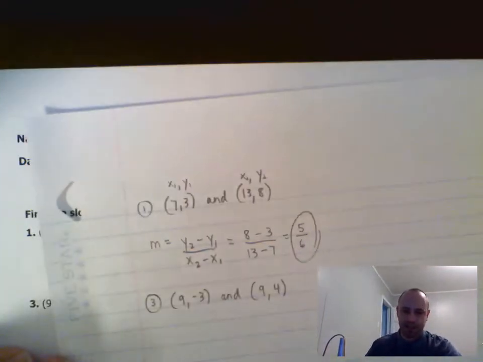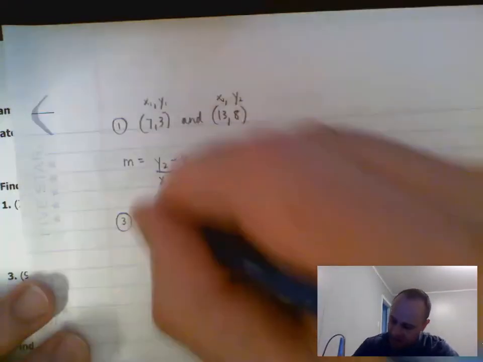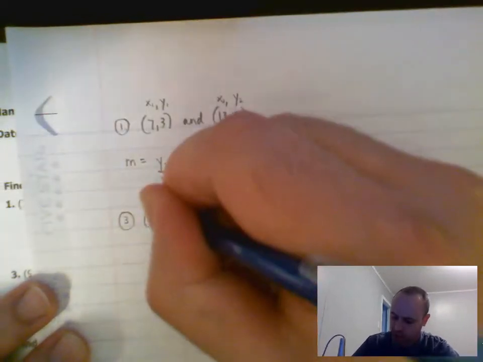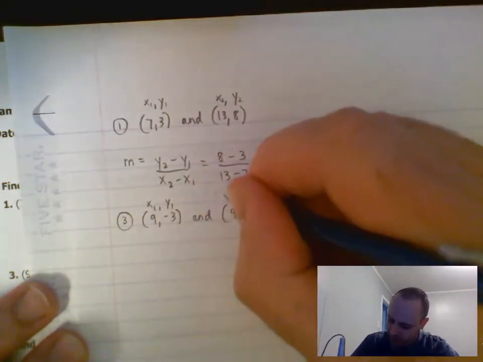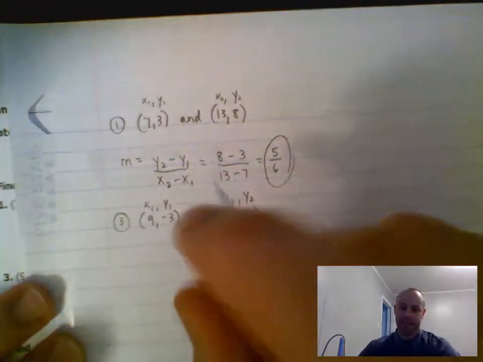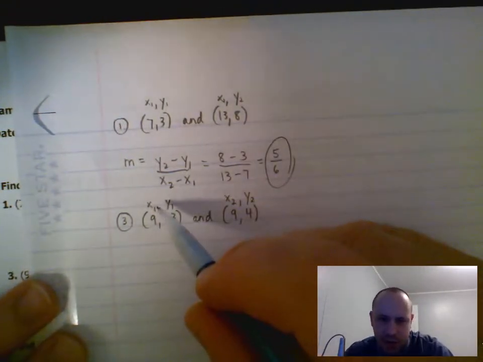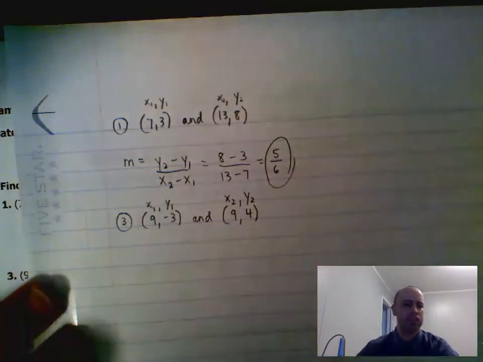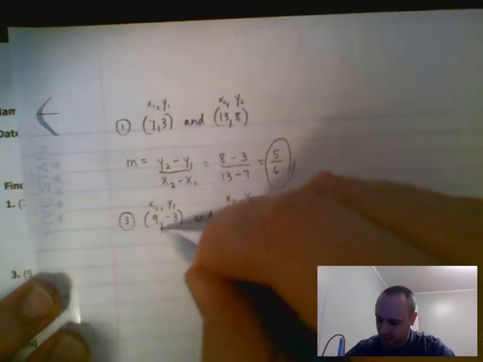Same thing. These are always listed as x1, y1, and this is an x value in the front and a y value in the back. If you get confused, you might put x1, x2. Make sure you don't do that, because it's always an x comma y.